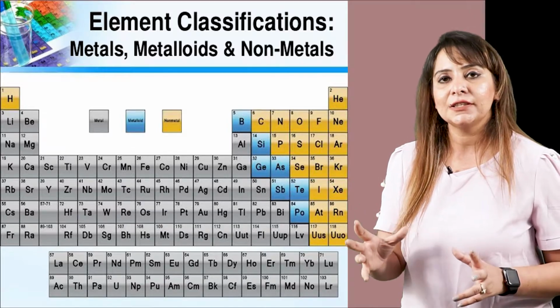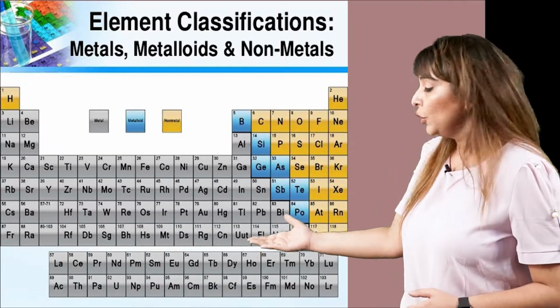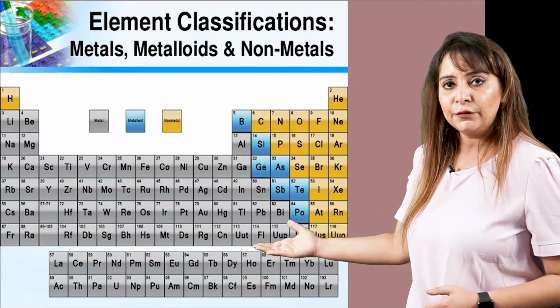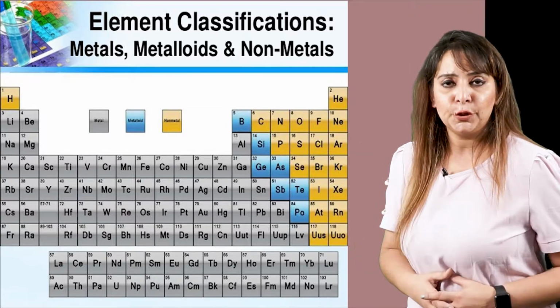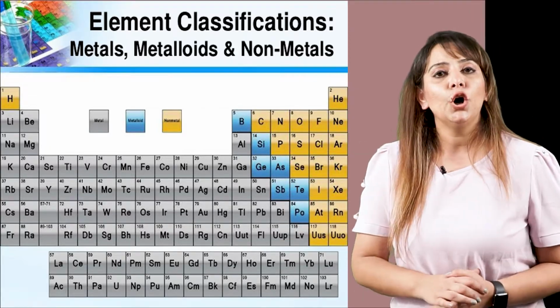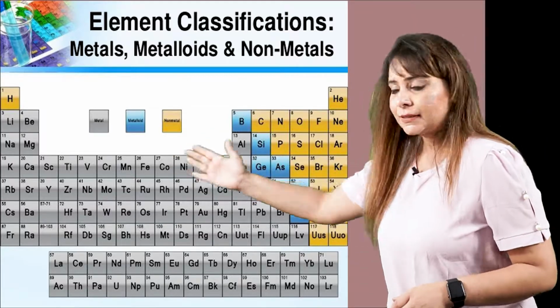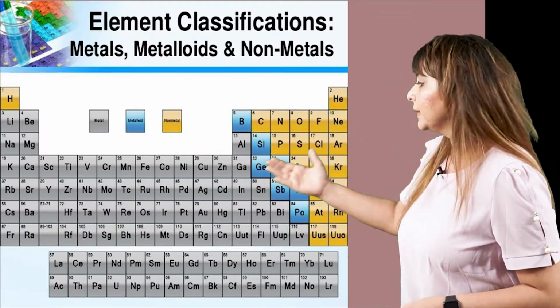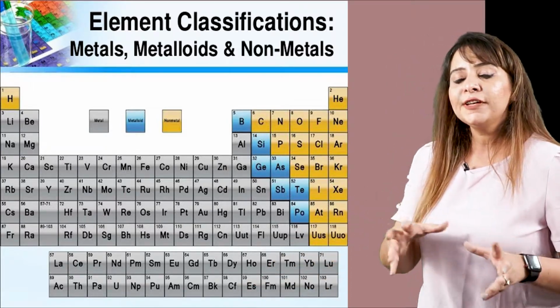Also, on the lower side we have two horizontal rows which are not otherwise accommodated in the main body of the periodic table. Those elements are called inner transition metals. Got it? Metals, non-metals, metalloids, transition metals and inner transition metals. Now if I talk about the elements, the elements are basically divided into different categories depending upon their properties.